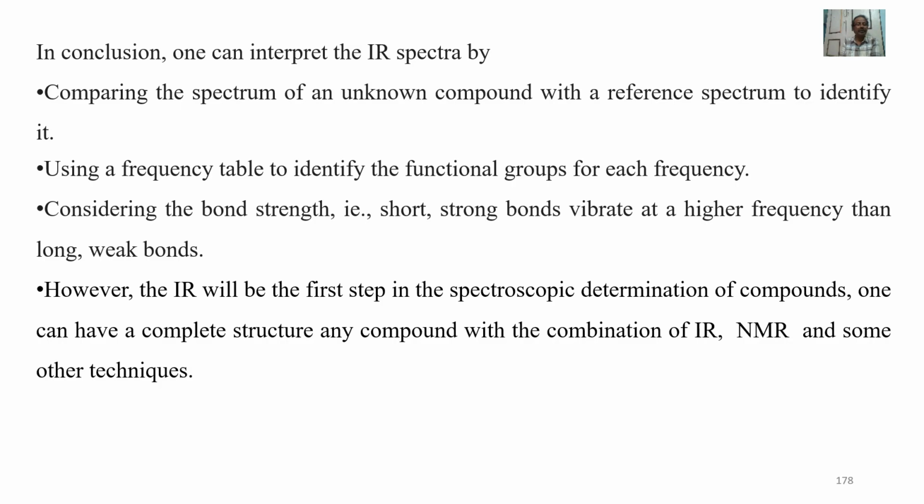However, the IR spectrum will be the first step in the spectroscopic determination of compounds. One can have a complete structure for any compound with a combination of IR, NMR and some other techniques.